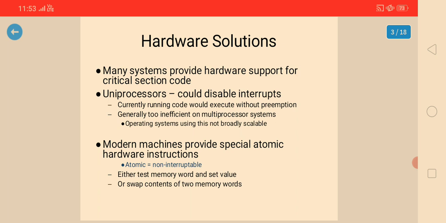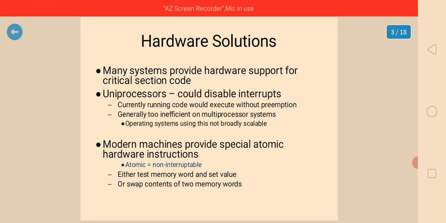For example, if there are two processes P1 and P2, when process P1 is executing in the critical section, meaning the code segment is executing, P2 is waiting for P1 to finish its execution.